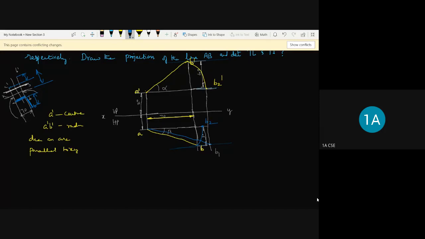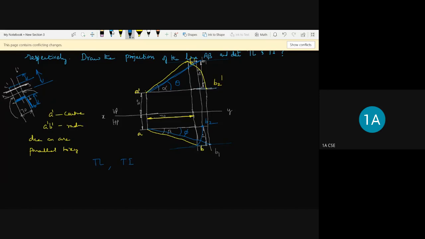From B2, we go vertically upward, so that it intersects the locus of the B point, and this is B1 dash. Once you get the B1 dash point, join A dash B1 dash like this. So this represents theta and this represents phi. Got it now? So I got the true length and the true inclinations as well.